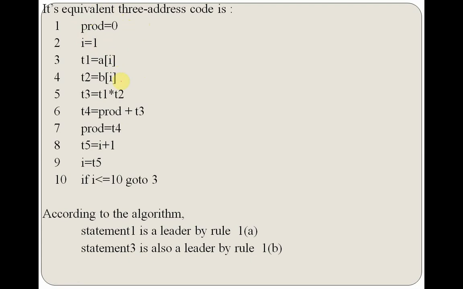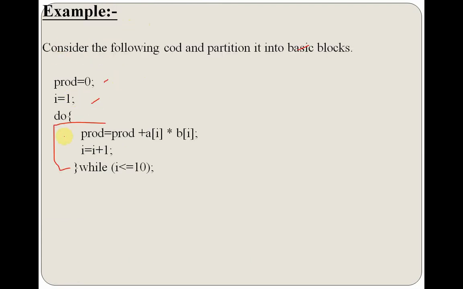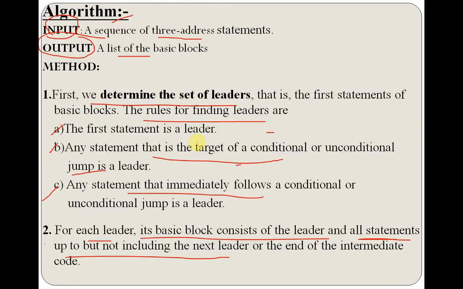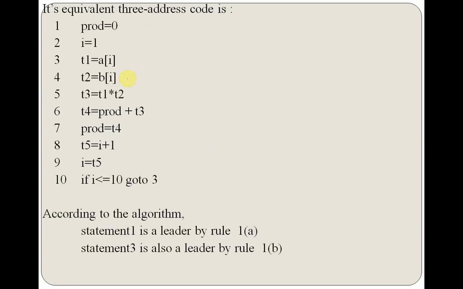Next, the loop beginning: product equal to product plus a of i into b of i. First we compute a of i into b of i. So a of i is loaded into t1, b of i is loaded into t2, and we multiply them and store the result into t3. Then we add t3 to product. What is t3? a of i into b of i. The result is stored into the product variable.